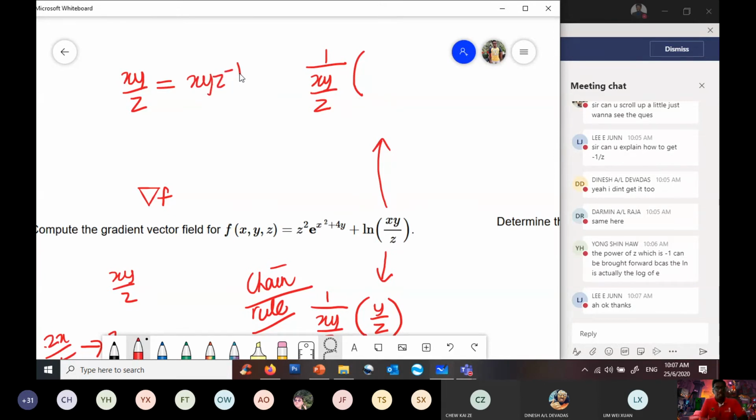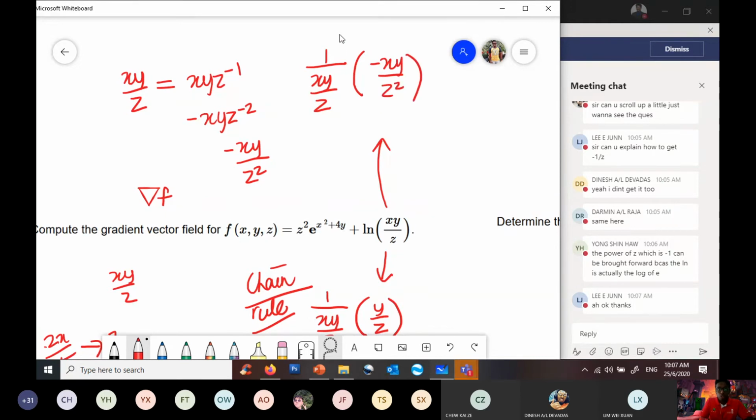I just bring the power in front. If you differentiate this with respect to z, the -1 goes in front, and then the power becomes -1 again, so it becomes -xy over z squared. So this is the thing that you get once you differentiate the thing inside the bracket. So put it here.